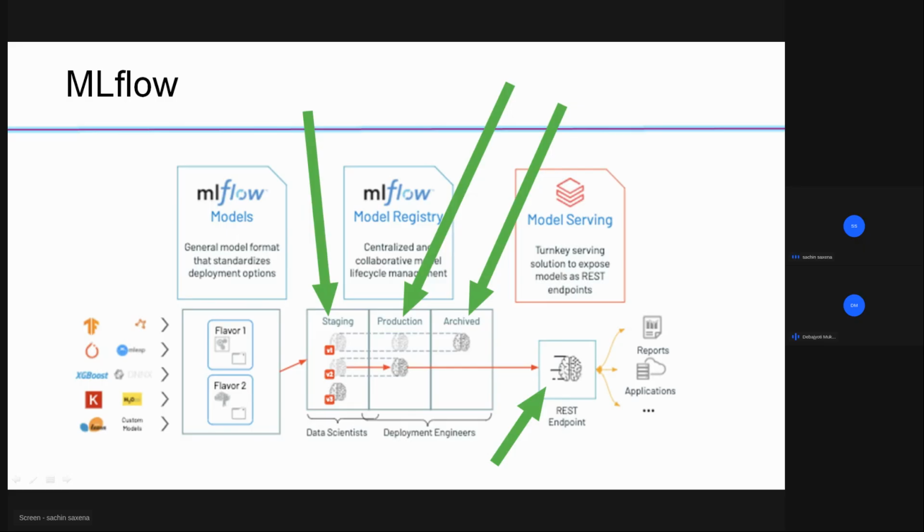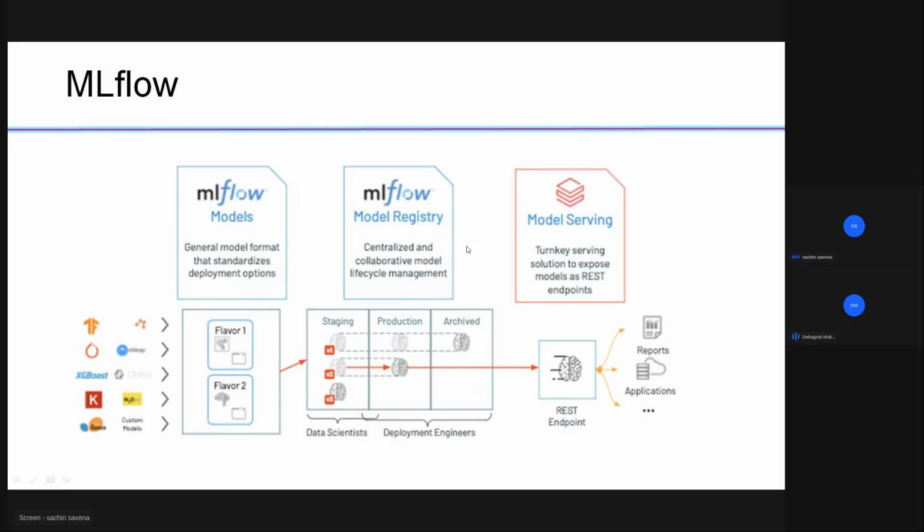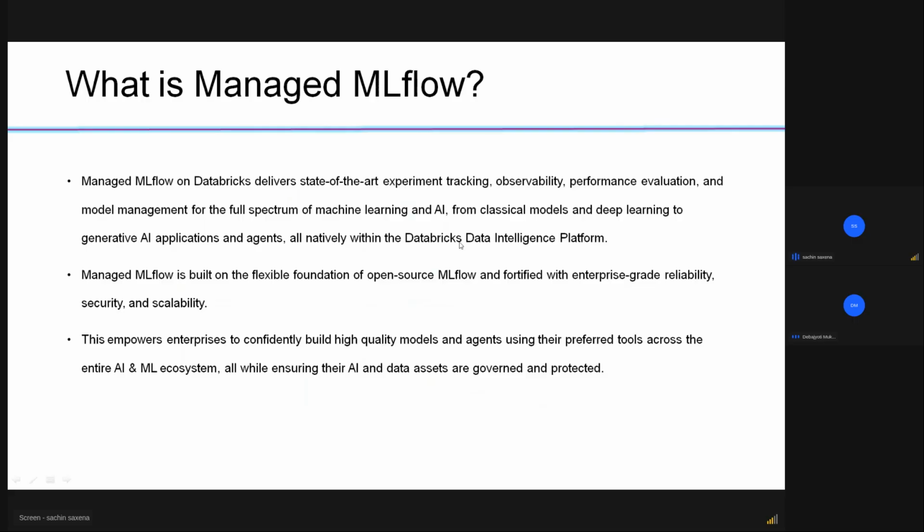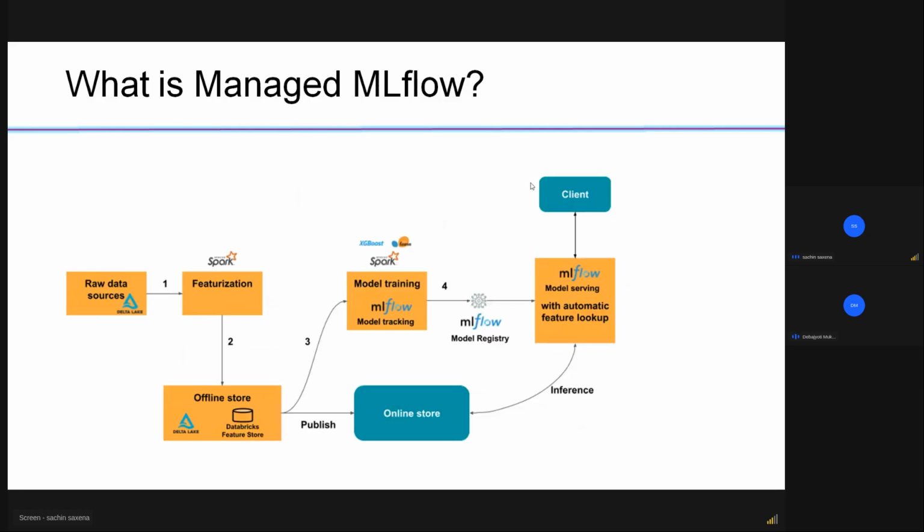So if AKS is not included, then where exactly will this REST endpoint run? On any compute engine or anywhere? They will store it in your DBFS, your Databricks file system, or your ADLS Gen 2. You can store it in ADLS Gen 2 as well. That means from your compute, it will take the power to run the endpoint. Yes, yes, yes. Okay.